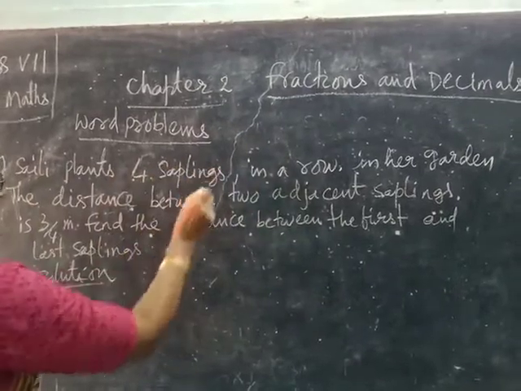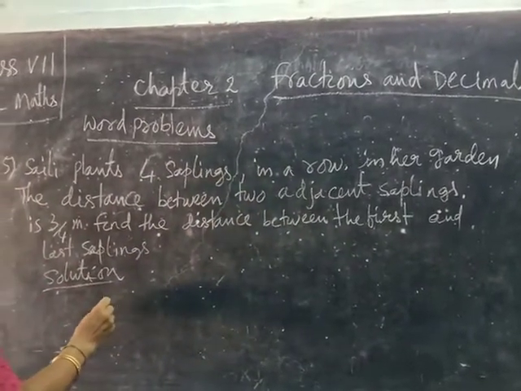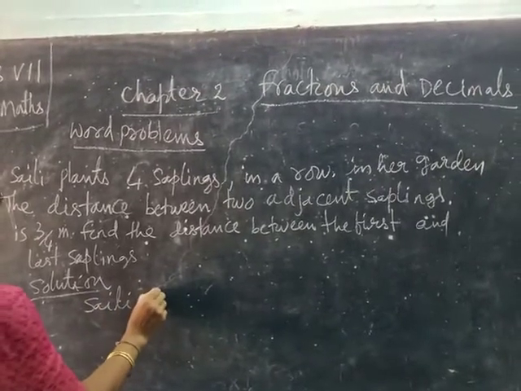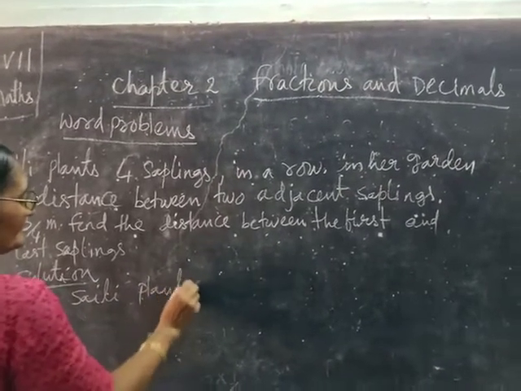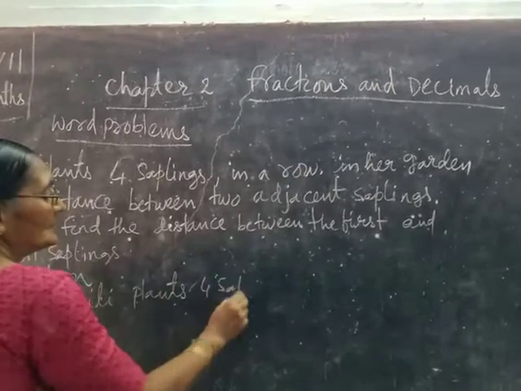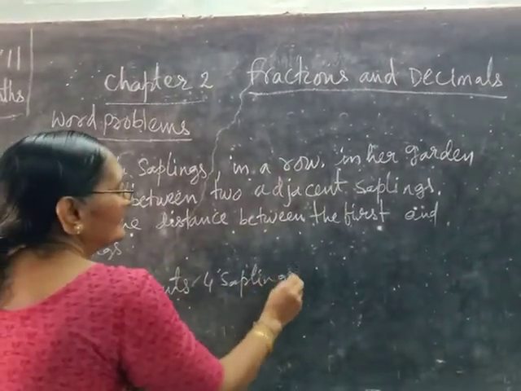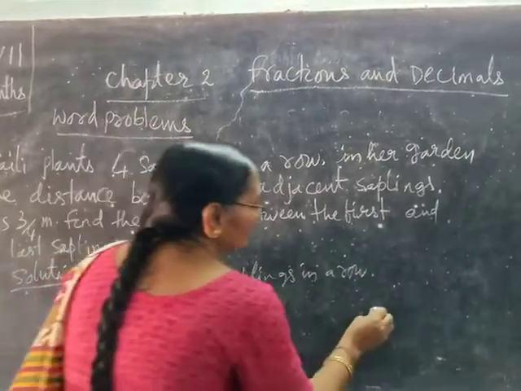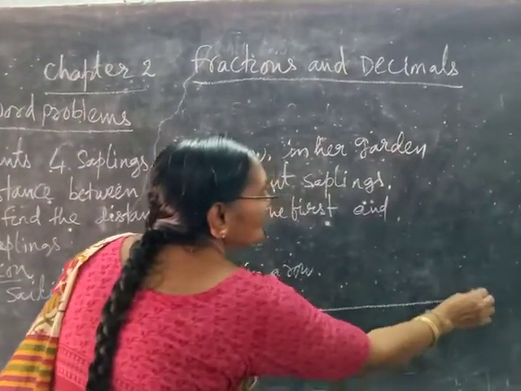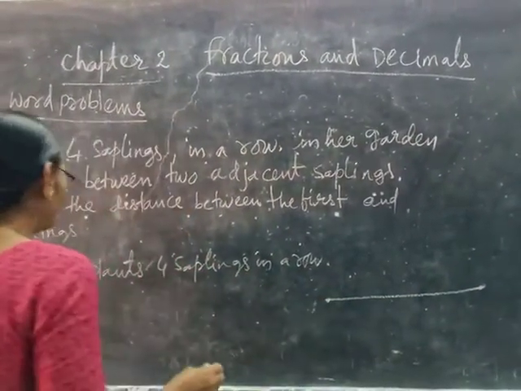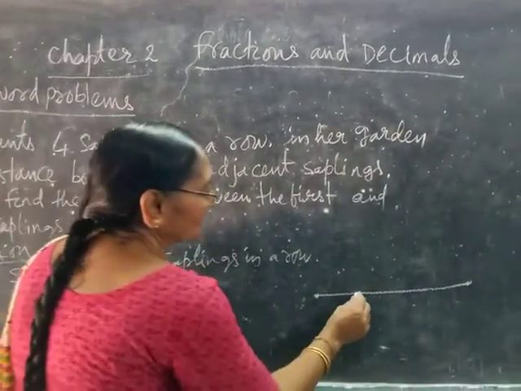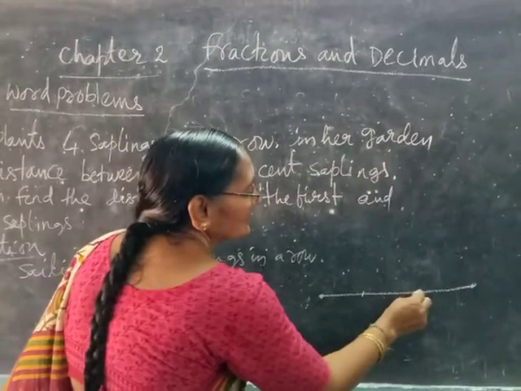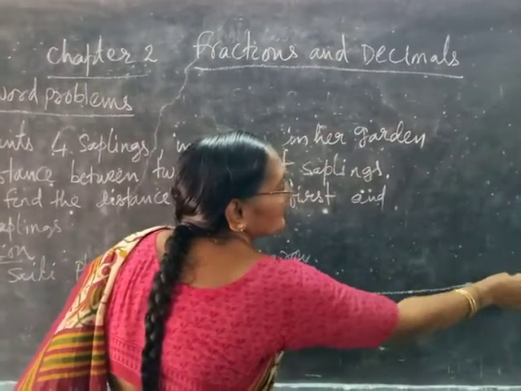Saili plants 4 saplings in a row. Suppose this is the row. Here, Saili plants 4 saplings at equal distance: 1, 2, 3, 4.